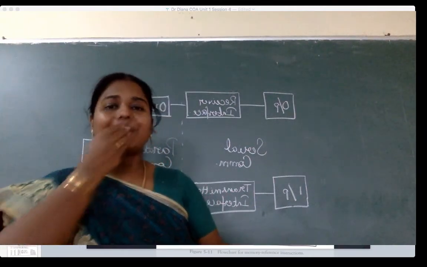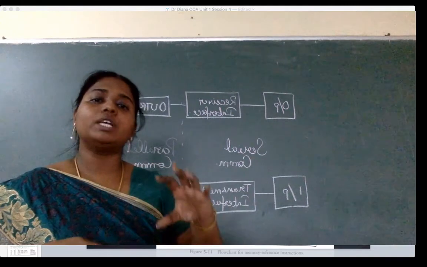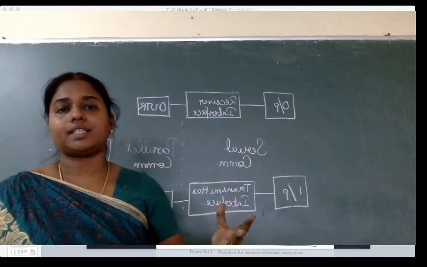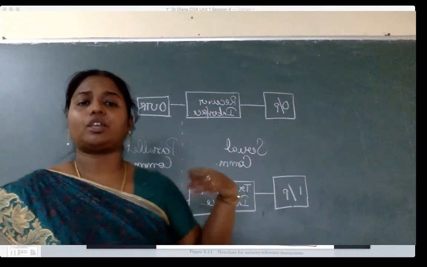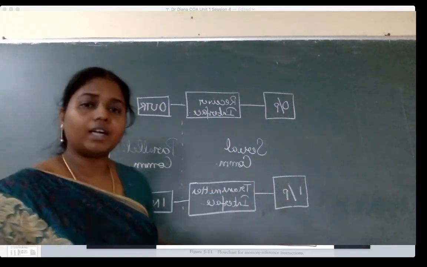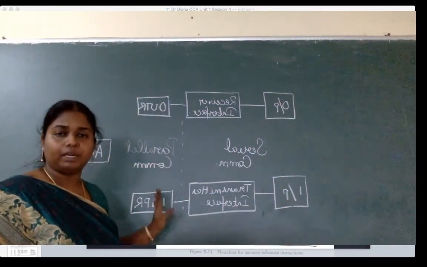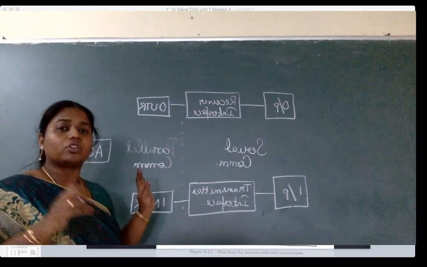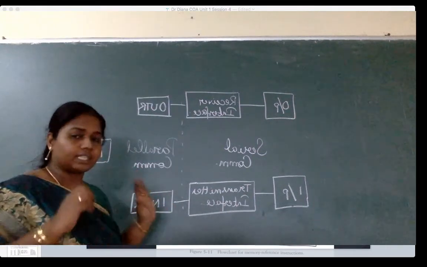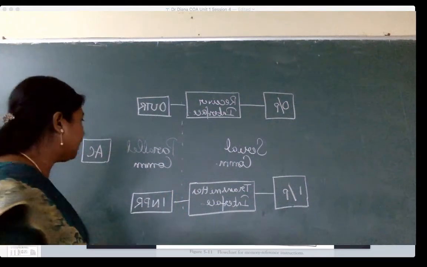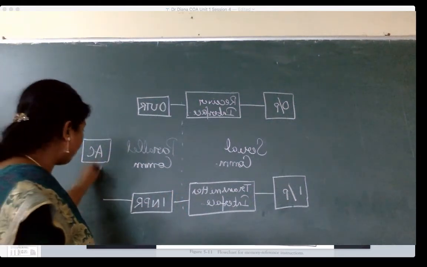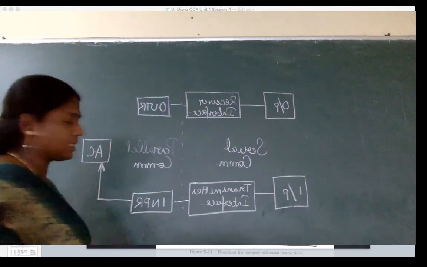Clear? Now, if the CPU is performing some other task, it will continue performing that task or start execution of the next instruction until the input is readily available at the input register. Once the input register is ready, it has the responsibility of informing the accumulator using some signal.